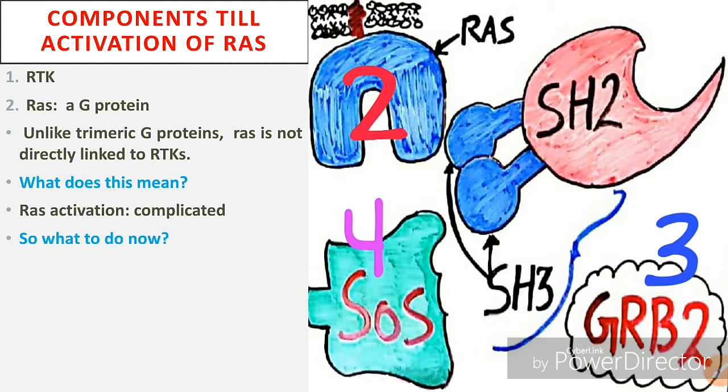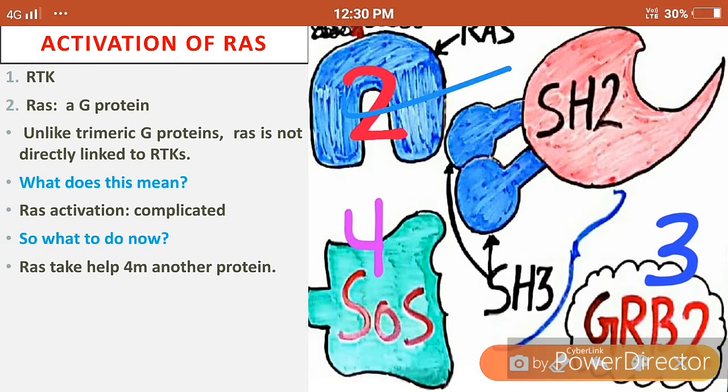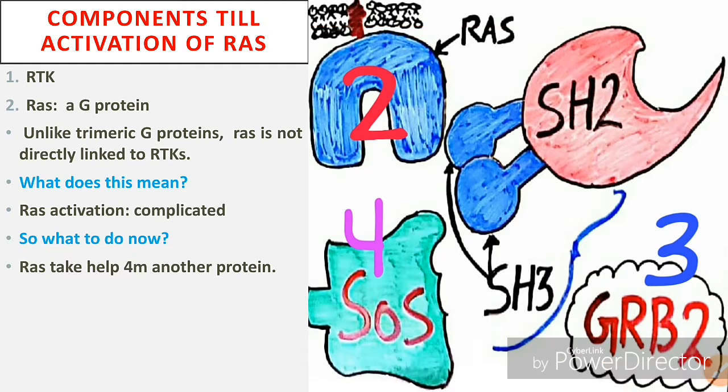To make this situation easy, the RAS proteins take help from another protein which indirectly links these RAS proteins to receptor tyrosine kinases, and that protein is known as GRB2. So the third component we have is the GRB2 protein.